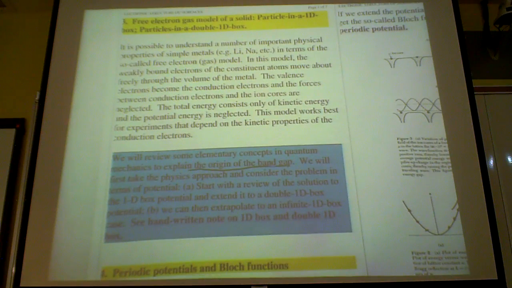And in this model, what happens is that the weakly bound electrons move freely in the volume. So it's like a gas, right? It's like ideal gas particles, right? We learned about this in first year chemistry. You treat the particles as non-interacting, right?